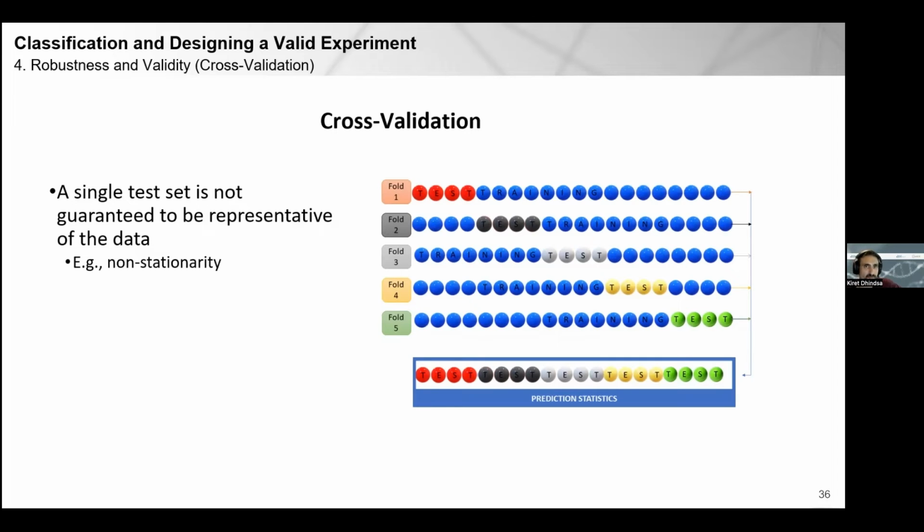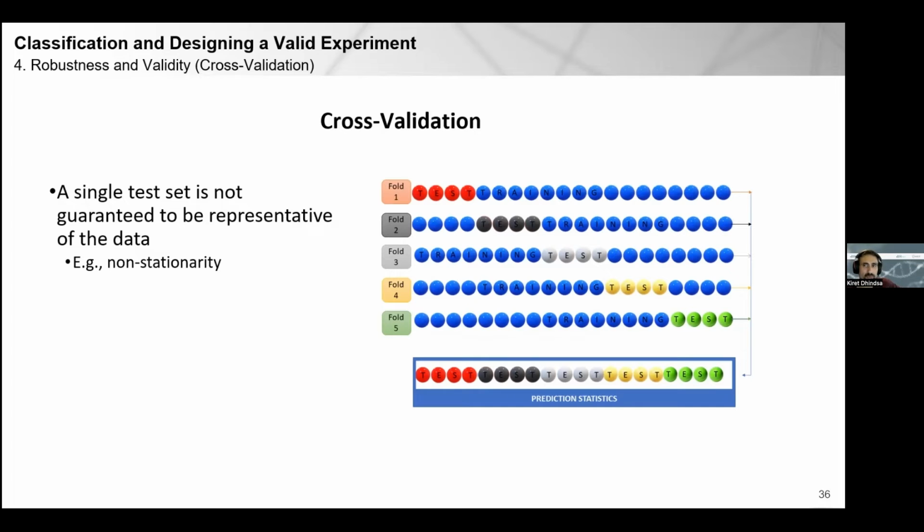So when it comes to cross-validation, we start with the principle that a single test set is not guaranteed to be representative of the data itself, right? There are things like non-stationarity, or just the statistical fact that if we randomly sample from our overall corpus of training data, we might not get a test set which is statistically distributed in an identical or similar enough way to the training data.